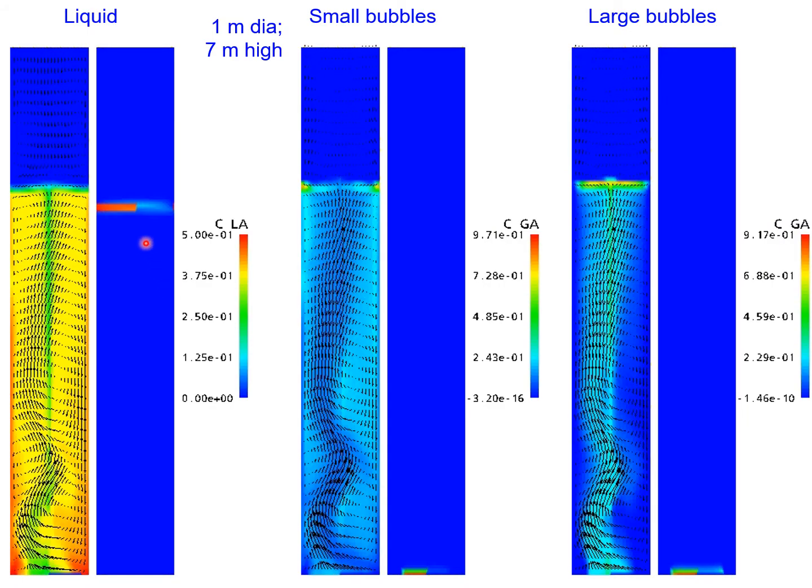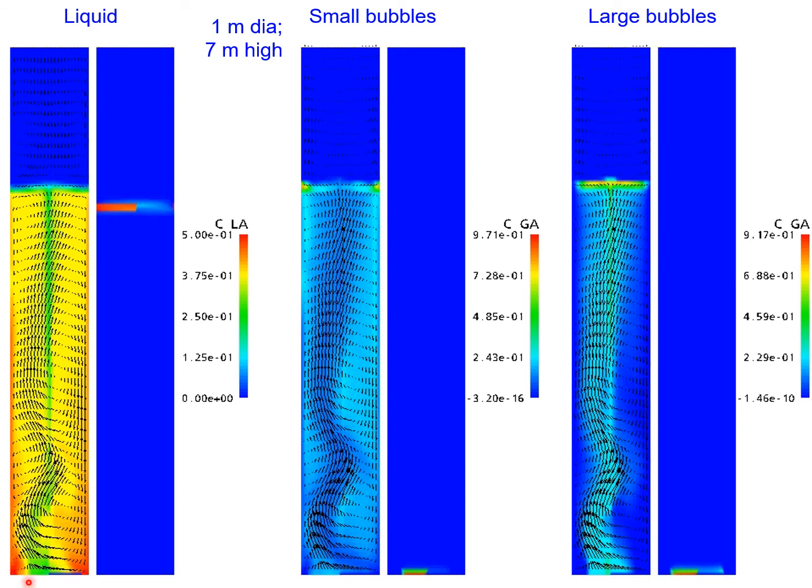We show now animations of 3D Eulerian simulations of a bubble column of 1 meter diameter, 7 meters high, with air-water system. We consider separately the liquid phase, the small bubble phase, and the large bubble phase.